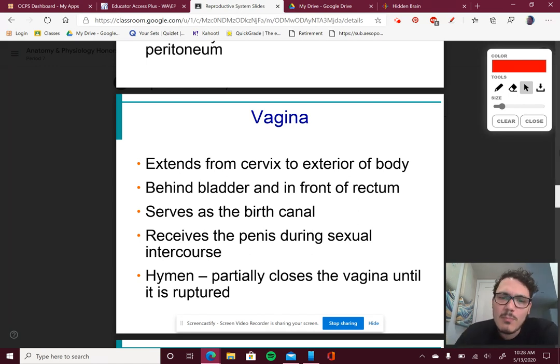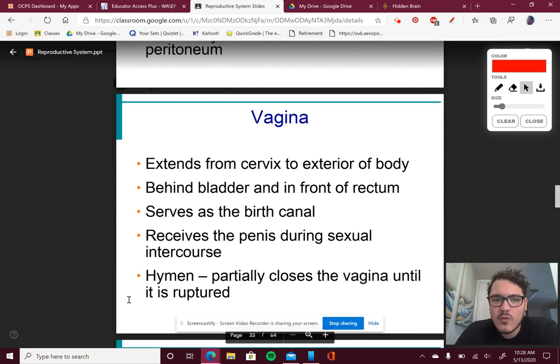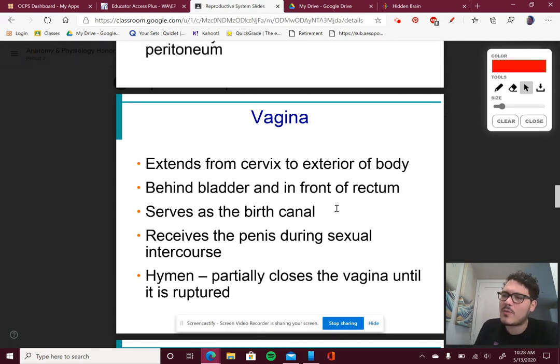But going back to what we see here, of course, during sexual intercourse, it's going to receive the penis. Something I do want to address relating to that a little bit. We talked about previously that sperm have this ability to live a substantially long period of time. Estimates say that sperm living in the vagina, so after sexual intercourse, can live roughly up to 5 days. So quite some time.